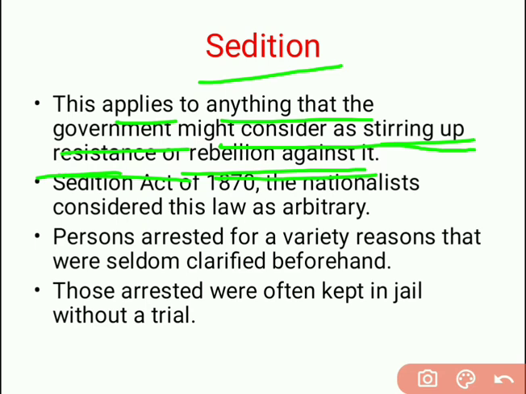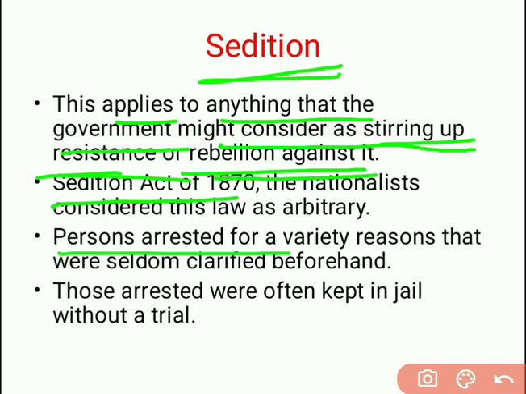Such action would be considered sedition, and that's why the nationalists considered the Sedition Act of 1870 arbitrary and unjust to the people, and vehemently opposed it.